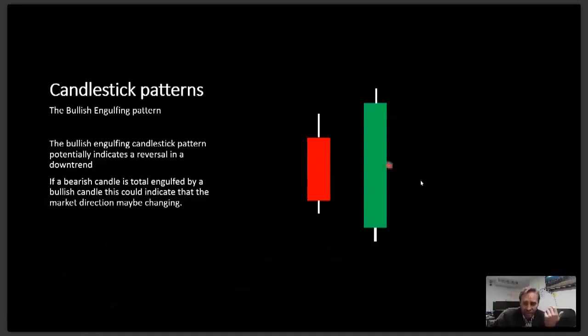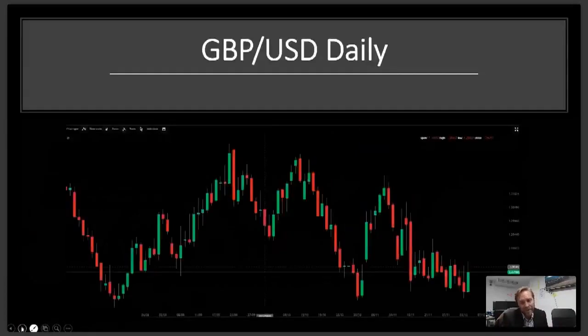What I mean by engulfing is that the body is totally engulfed by the next bullish candle. So you have a downtrend, and then the last bearish candle is engulfed by a bullish candle, which indicates the market is changing direction. So let's have a quick look. Here's an example. We have the British pound, US dollar on a daily chart.